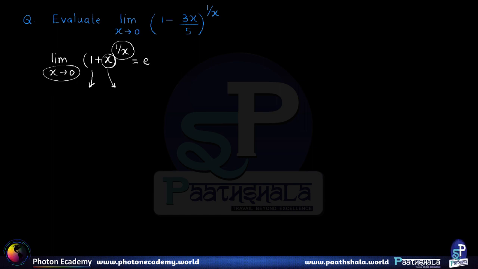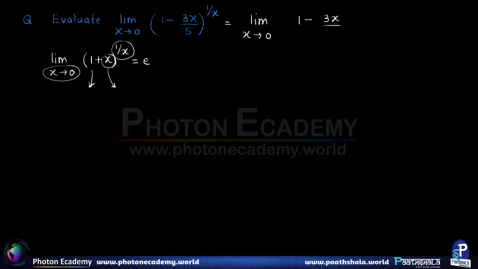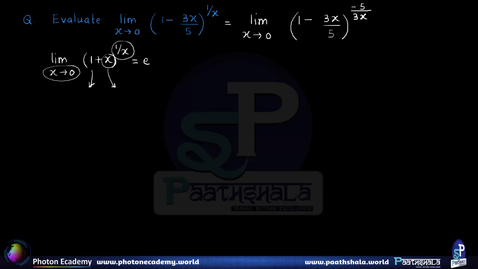So now with this, let us try to rearrange the given limit in the required shape, right? So here we have 1 minus 3x upon 5. So if we observe with the standard limit, we must write the reciprocal of the term other than 1. So which is nothing but minus 5 upon 3x, isn't it the reciprocal of this term?